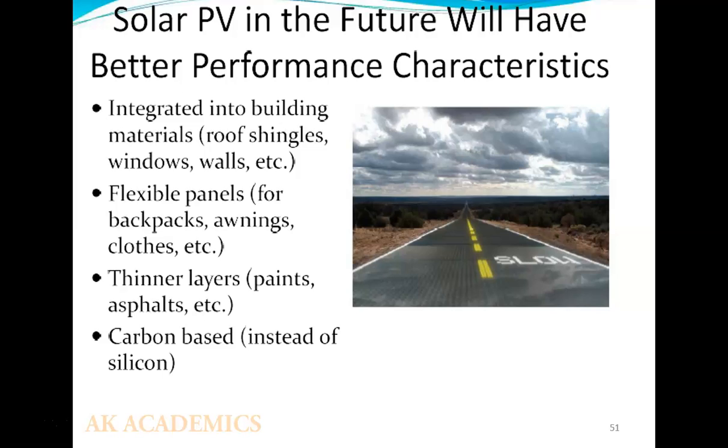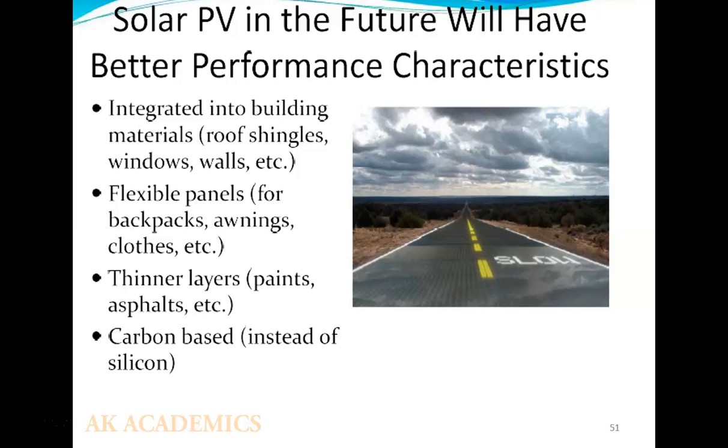That is already in existence, and quite a number of buildings are integrating PVs, especially in countries where the policies support such. There will be flexible panels which will be useful for backpacks, awnings, and clothes.